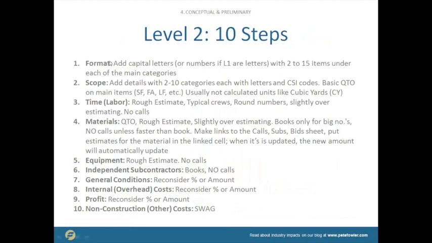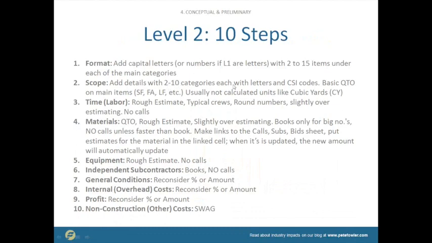These are the detailed steps for setting up a detailed estimate in Microsoft Excel or some other spreadsheet program. So the scope of work, we're going to add details with 2 to 10 categories each.